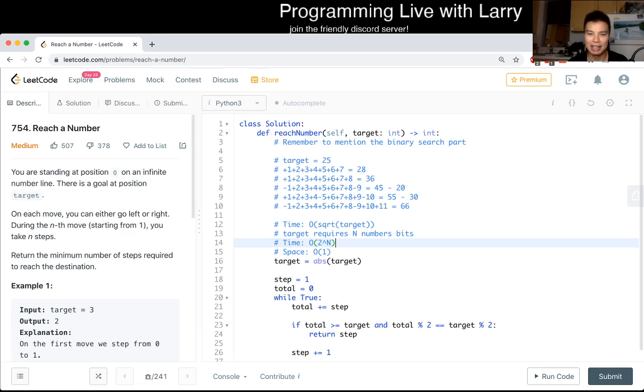Oh yeah, no, I have to remember to mention the binary search part. So this is how you do it in square root of target time and O of 2 to the n time, right? However, if you notice that there's a monotonicity property to this, as long as it has the same parity, right?